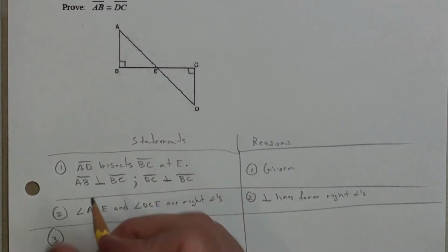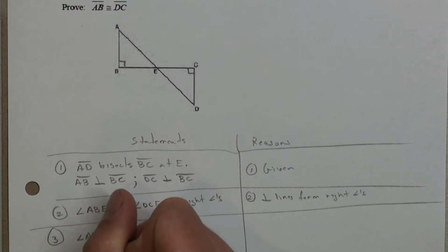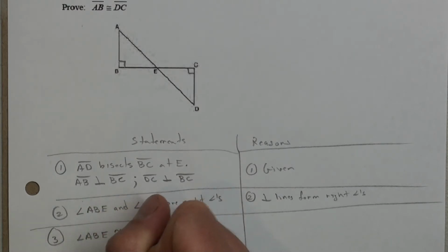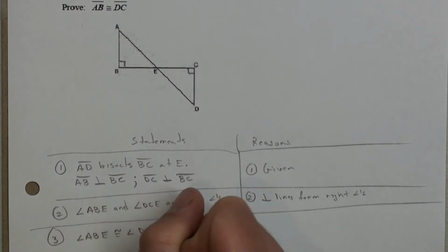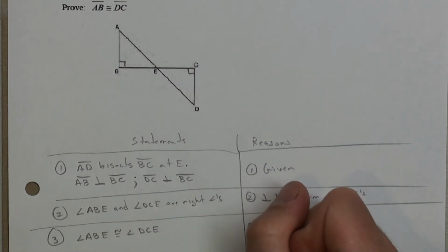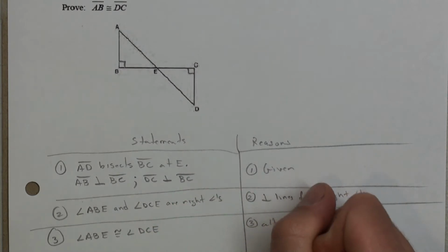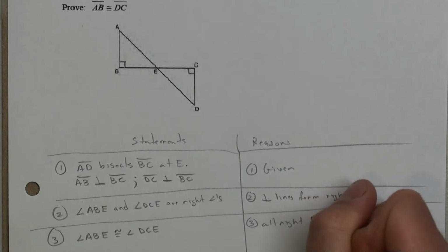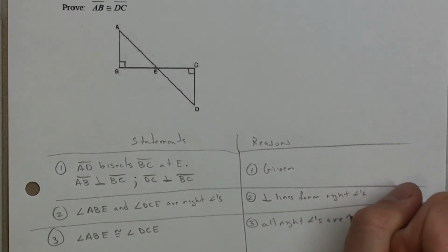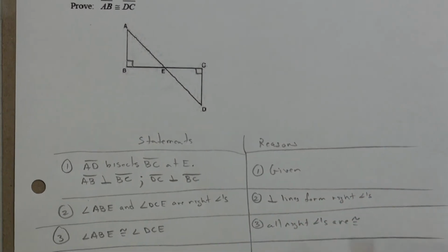Now I can say that angle ABE is congruent to angle DCE because all right angles are congruent. Okay.